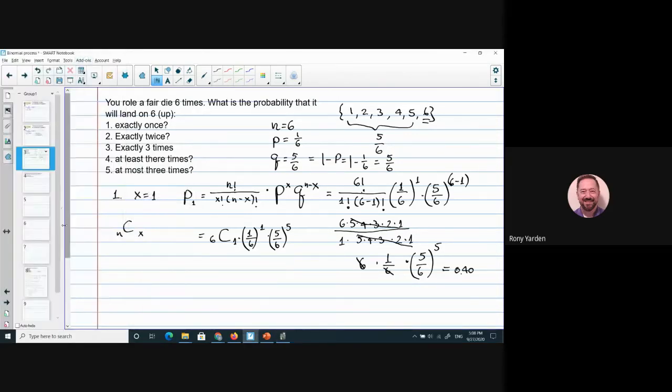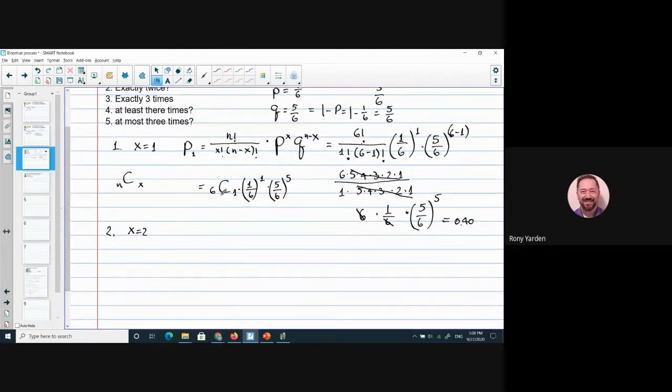Let's solve number 2. In number 2, x equals 2. We have 2 successes, exactly 2 successes. And I'm going to use the shorter version of the equation. So we have P of 2 equals 6 choose 2, and here we have 1/6 to the power of x.